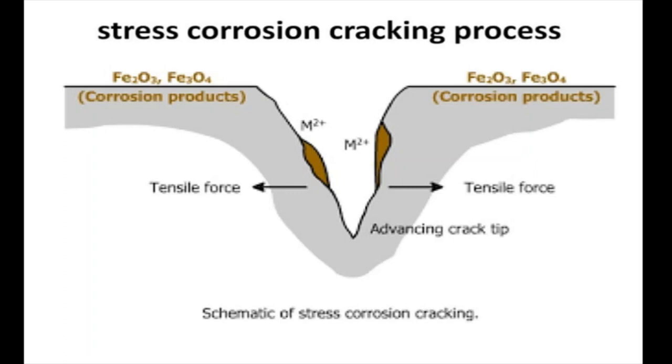Now due to that phenomenon and the high energy region, the corrosion will occur, and the corrosion products will be deposited on the top layer of the free surface generated within the crevice or the crack, and the advancing crack tip will produce more and more of that corrosion product.